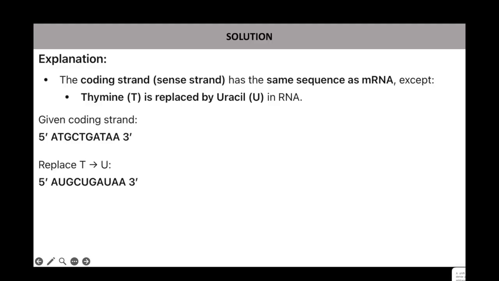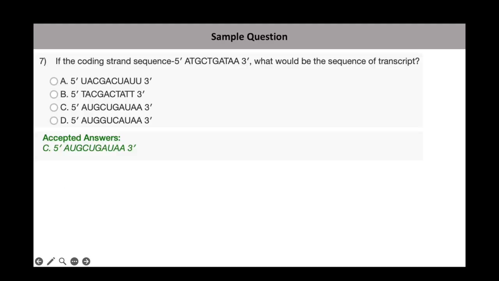So this coding strand which is given will get converted to 5': A will be as it is, T will get converted to U, G and C will be as it is. Again, T will get converted to U, G, A will be as it is. T again will get converted to U and A will be as it is. So this will be the resulting sequence in this case. So our option C in this case is correct.